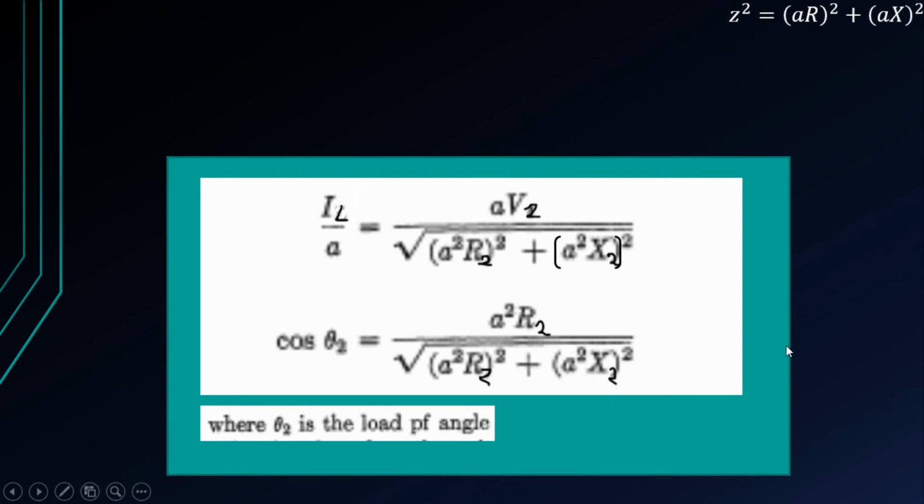So, yan, makukuha na natin yan dyan na yung theta or yung angle tapos yung I sub L prime. Then, where theta sub 2 is the load power factor angle. So, makikita na natin dyan yung kung leading or yung lagging.